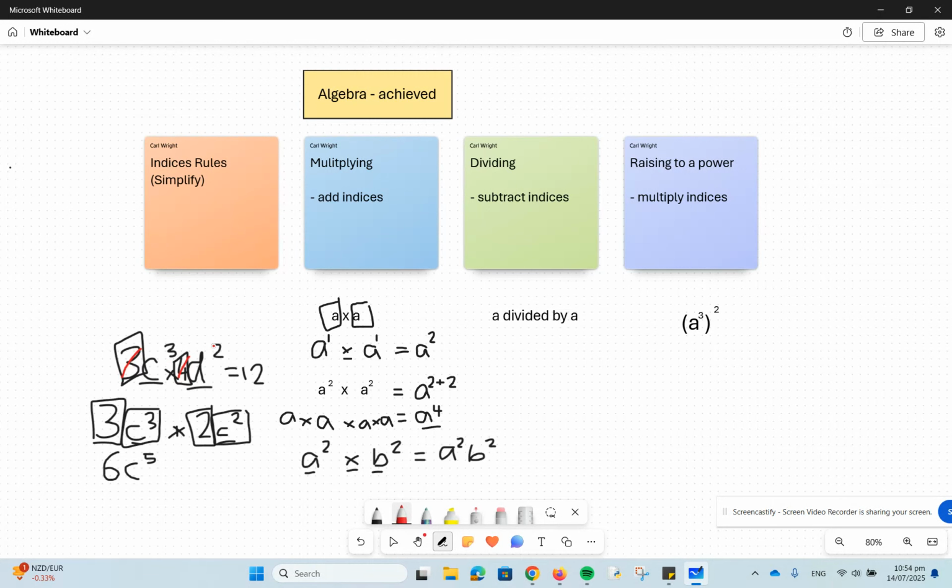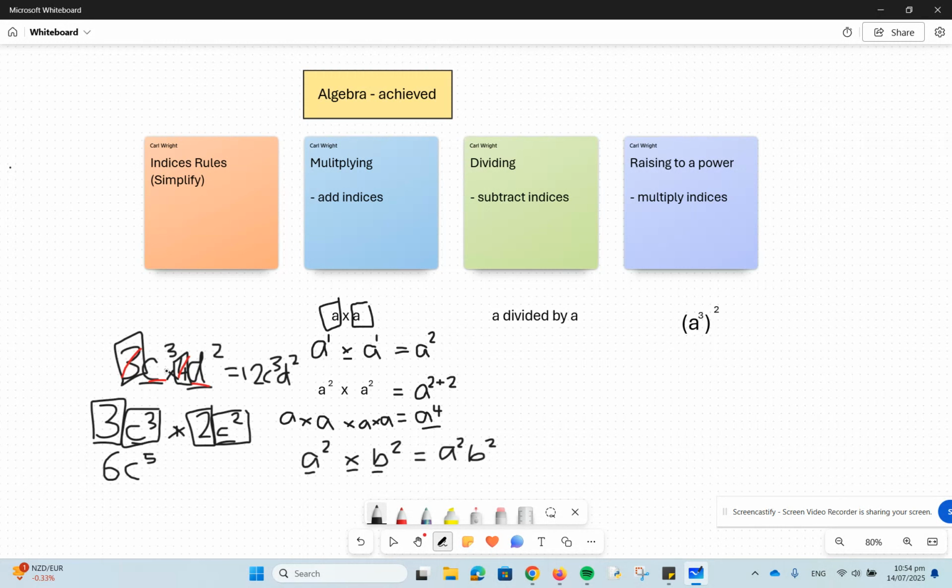Can I add them together? No, because the bases are different. So this just ends up being C3 and D2. Sort of see how that works? The numbers in the front, you just multiply together.